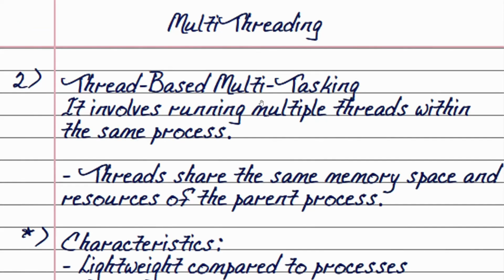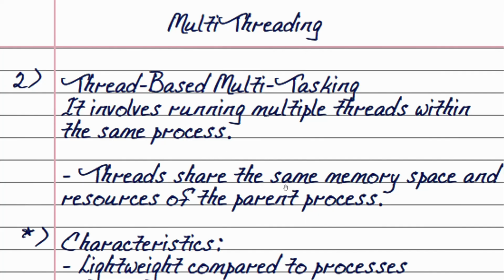Thread-based multitasking. This is the important topic. Thread-based multitasking involves running multiple threads within the same process. So we have one task, one process, and within that process we execute multiple threads.